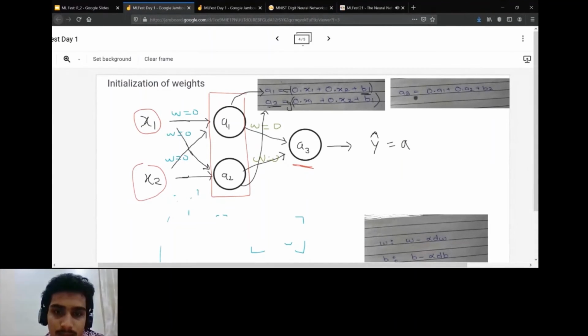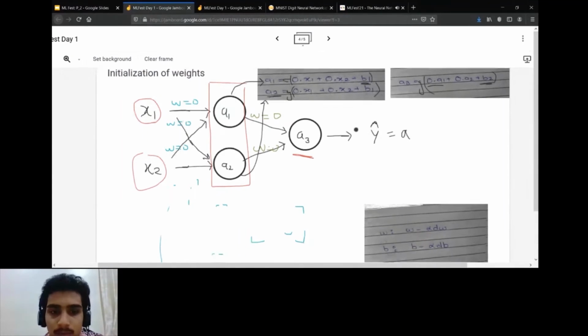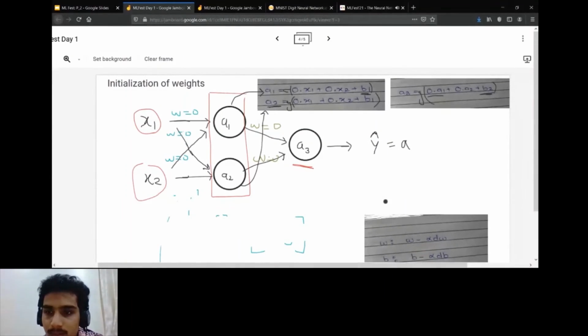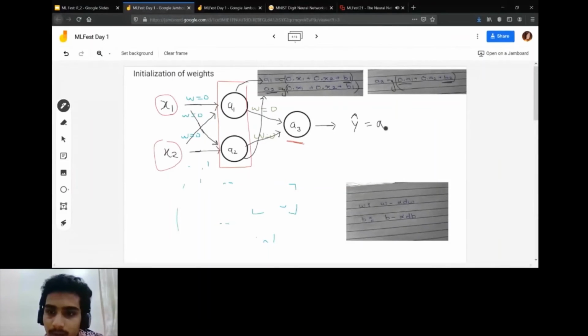What this neuron calculates would again be some activation function g of this. Now for A3, the inputs are A1 and A2, so it would be 0 times A1 plus 0 times A2 plus some bias B3, and this would be given to some activation function.